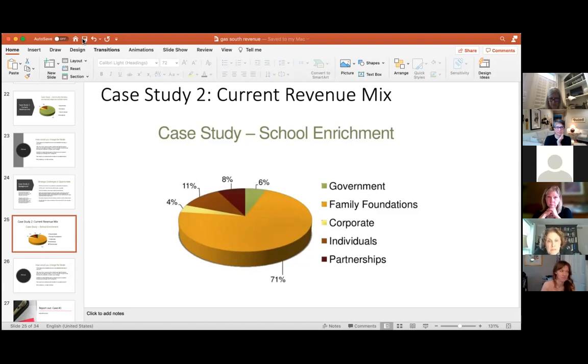A couple of challenges. With the small capacity, stewarding individuals could be pretty time consuming, and family foundation stewardship falls in that bucket as well. Another challenge is that if you're looking at the government pie, a lot of bandwidth would be needed for that. Again, they have a pretty small staff.